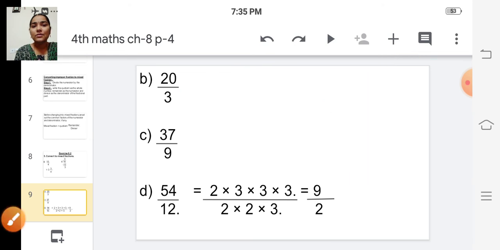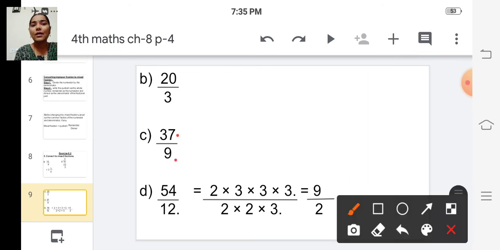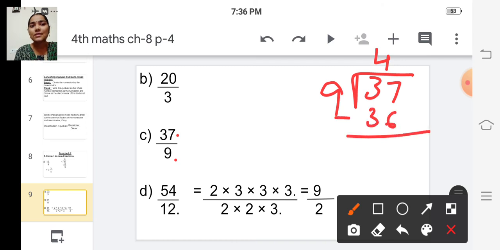Look at the next fraction, 37 by 9. There are not any common factors for numerator and denominator, so we can directly divide. 37 by 9, how many times? 9 threes are 27. 9 fours are 36, isn't it? So 4 times. 36 will come. Subtract 37 minus 36 is 1.